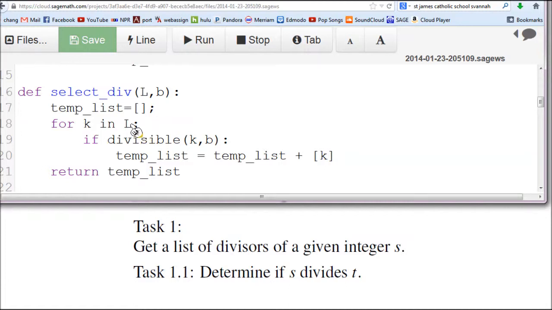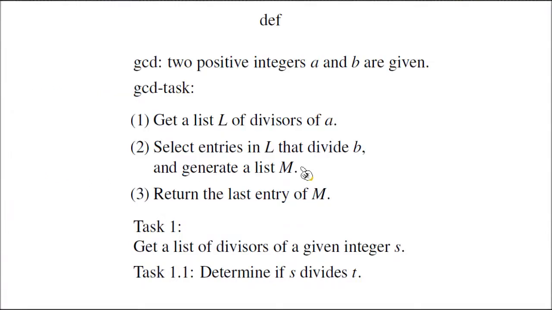You don't have to worry about labels and indices, you just put down the list, and K will go through that list. Every time we test, for some reason that part was missing, so I typed in if K divides B, so that the value must be 1, then we're collecting in the temp list. And after we went through all that, we're going to return that list. That will be the entries in that list L that divide B. So that part was done.